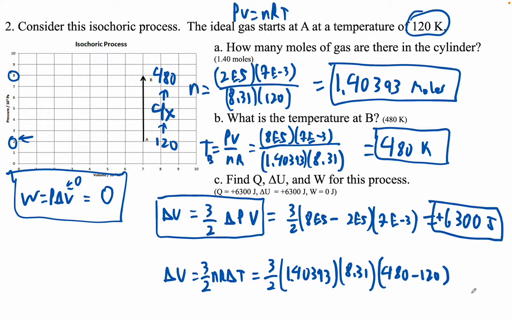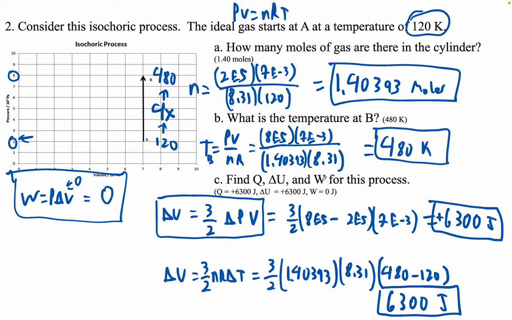Let's do this. 3 divided by 2 times the moles, which is right there, times 8.31 times left parenthesis 480 minus 120. And I get that this is 6,300, and then comically there's a bunch of zeros and a 1. I'm just going to call it 6,300, right? So that's our delta U.